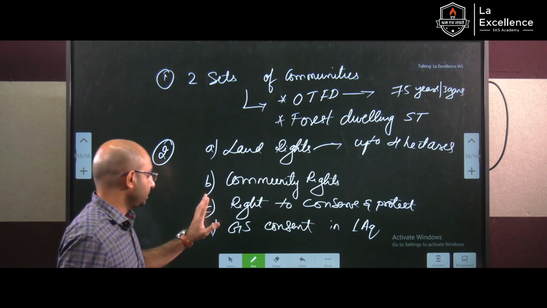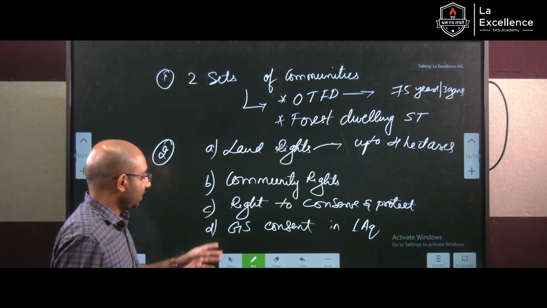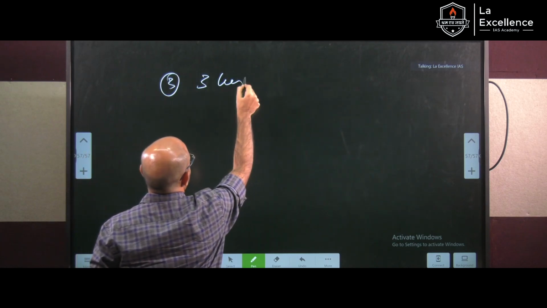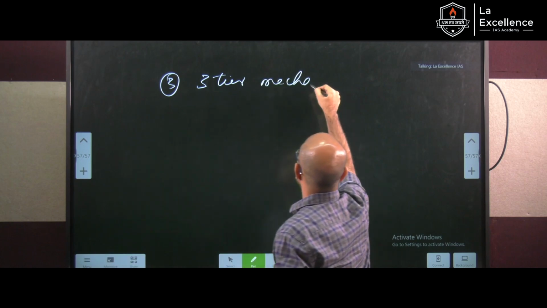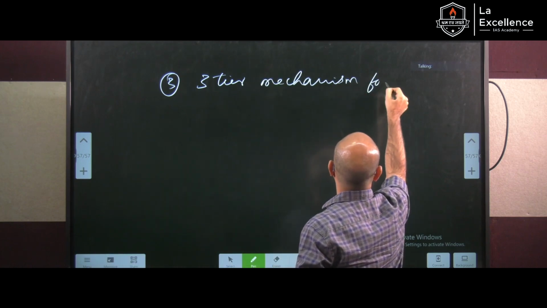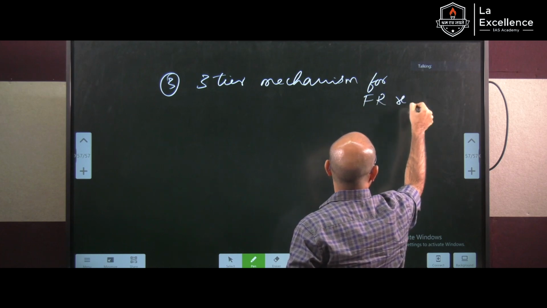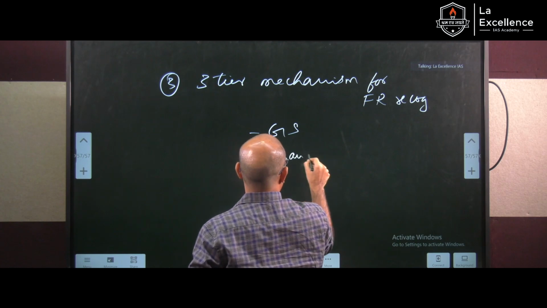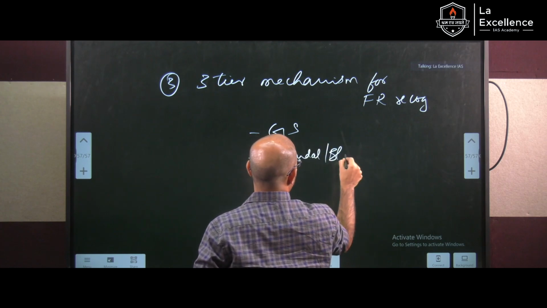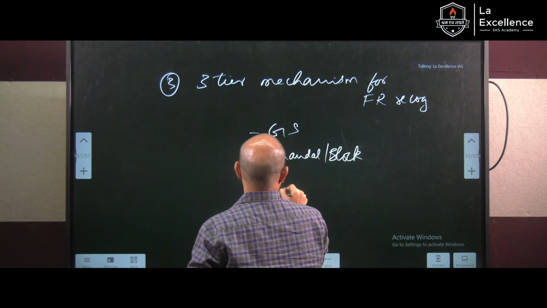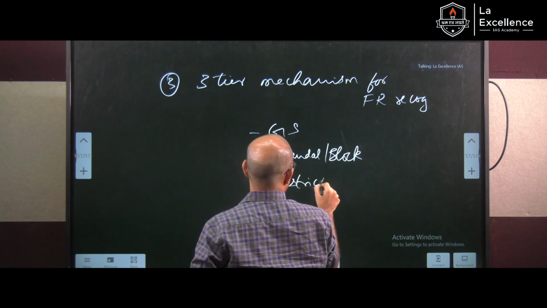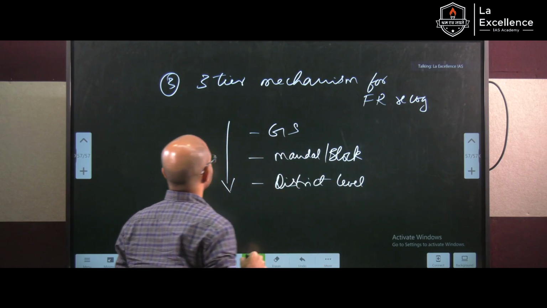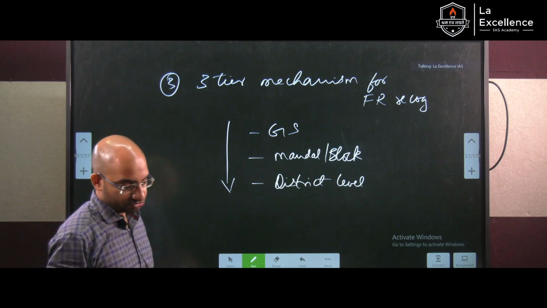So this means that tribals can take active part in forest conservation, and Grama Sabha consent, and it also provides a 3-tier mechanism for recognition of forest rights. Starting with Grama Sabha, Mandal or block level committee, and you have a district level committee headed by the district collector. So you have a 3-tier mechanism to implement this act and grant forest rights.